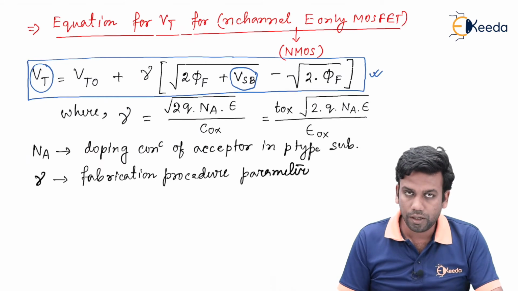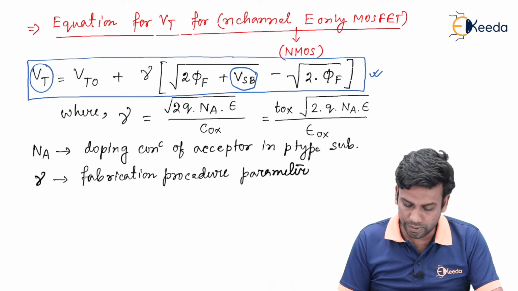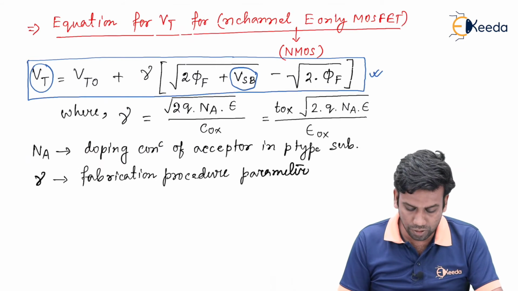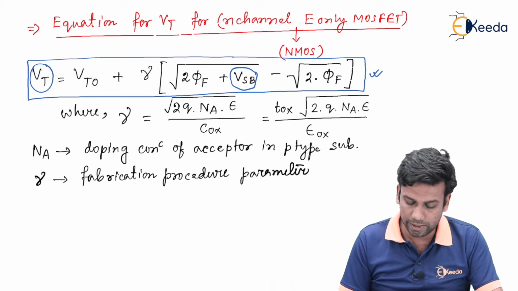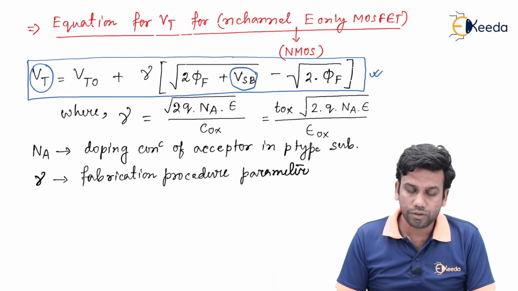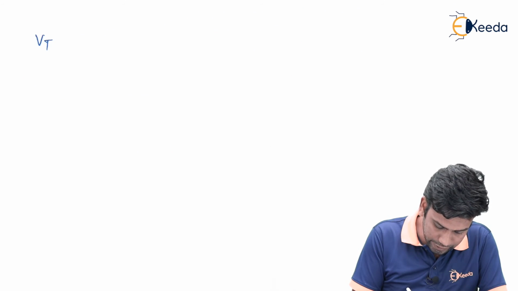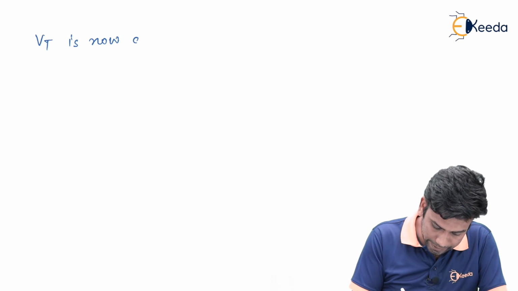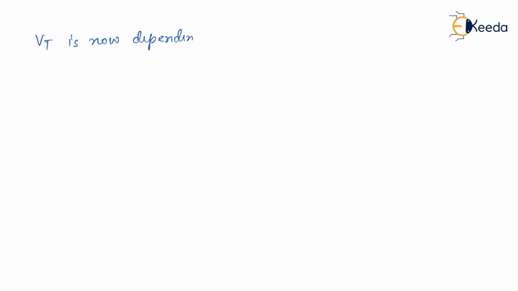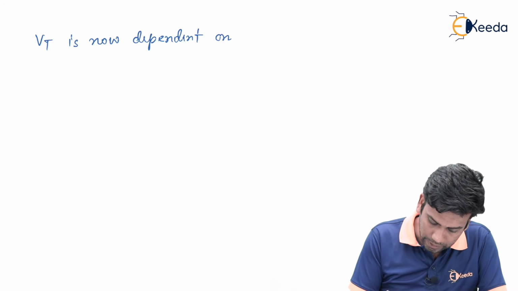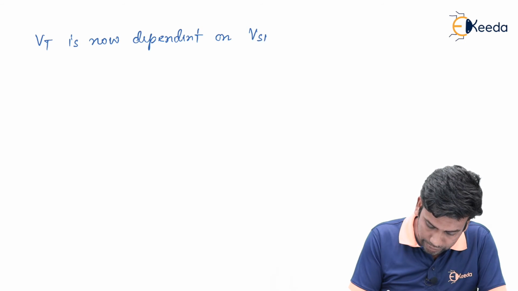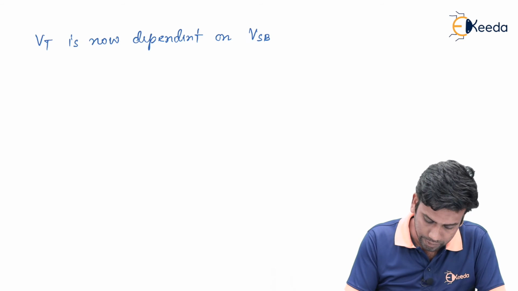That means we have got another means by which we can control the threshold voltage, and that is the substrate voltage or the body voltage. So we can say that the threshold voltage Vt is now dependent on the substrate voltage or the body voltage Vsb.